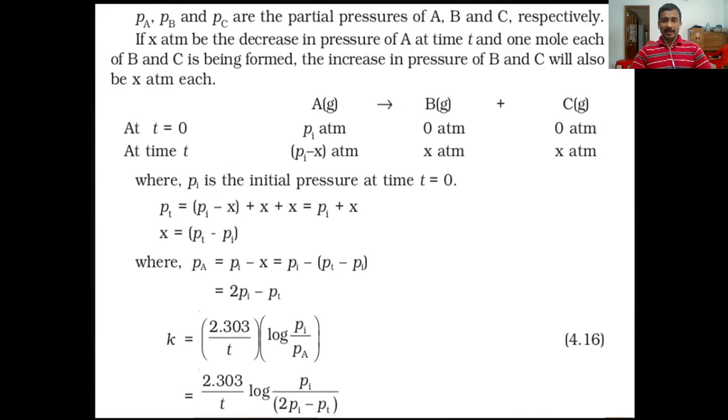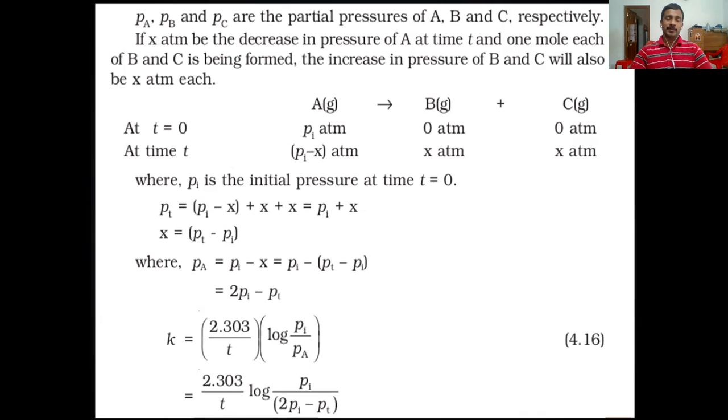Where Pi is the initial pressure at time t equal to 0, and partial pressure at time t is equal to Pi minus x plus x plus x, that is equal to Pi plus x, or we can say x is equal to Pt minus Pi.